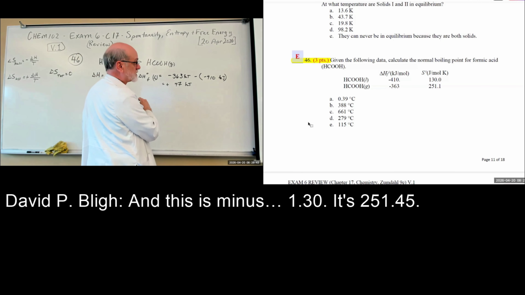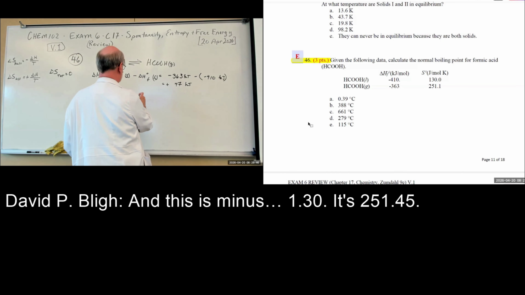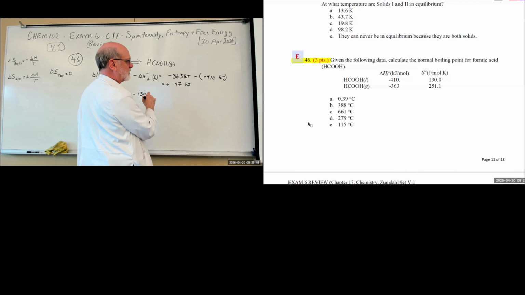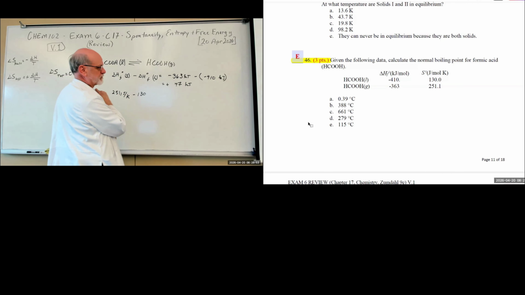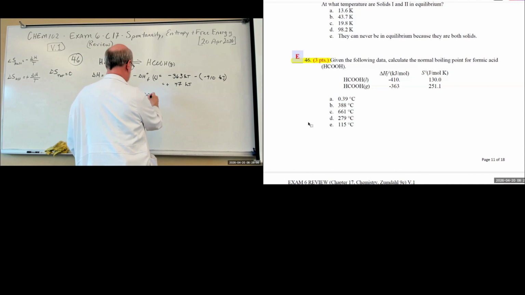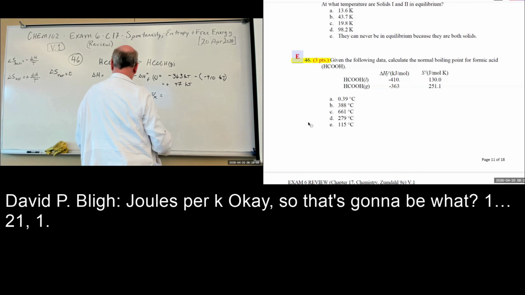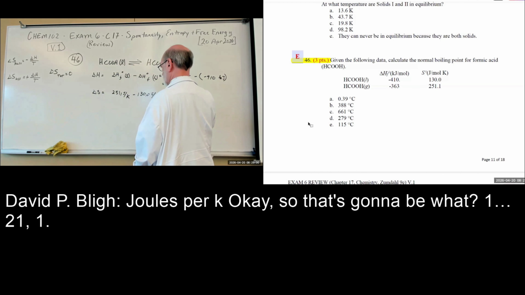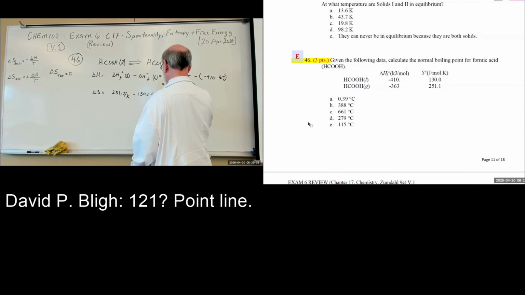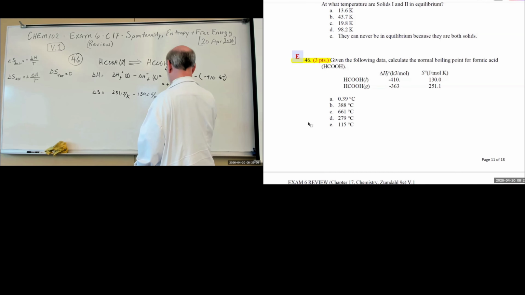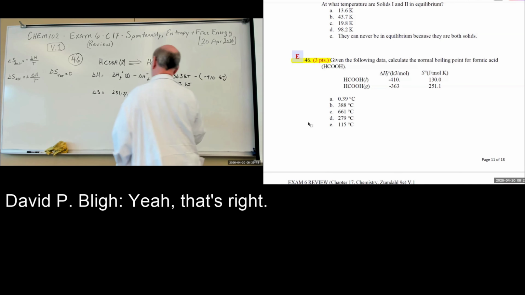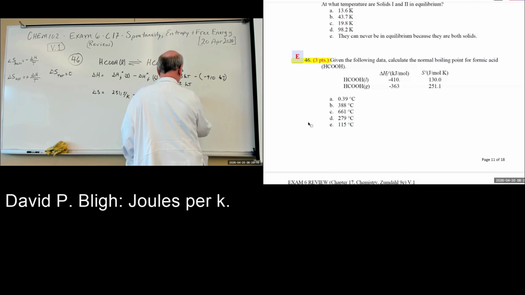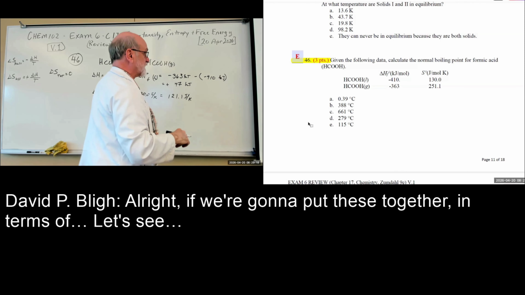And this is minus 130.1 joules per K. So that's going to be 121.1 joules per K. Yeah, that's right.